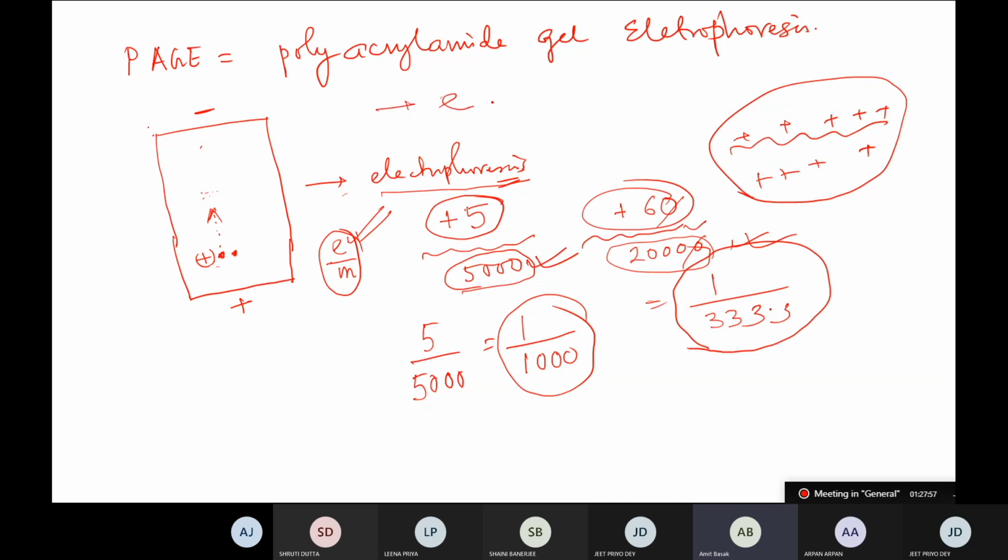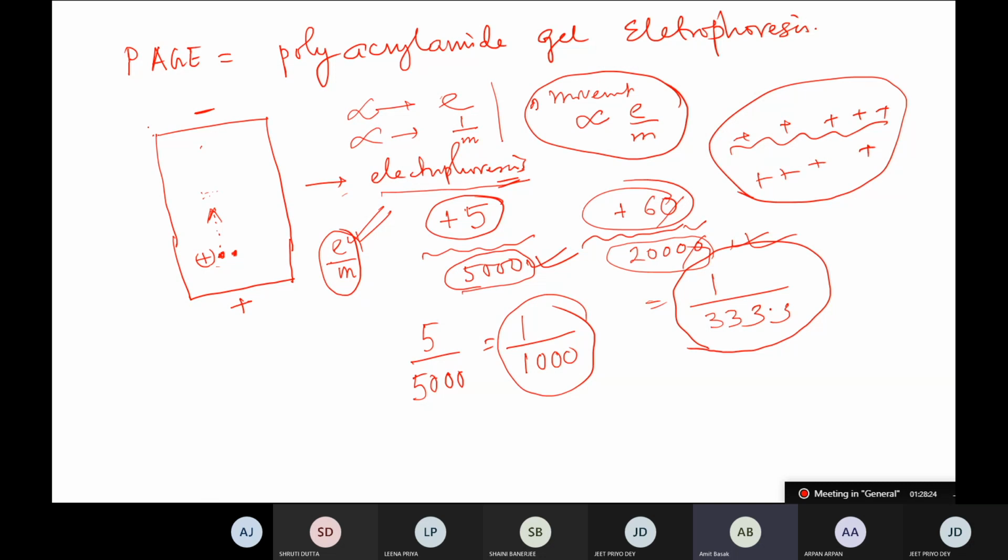As the charge increases, the movement will be higher, so directly proportional. And the movement is inversely proportional to molecular weight. So the theory of joint variation tells us that the movement will be proportional to E by m. So E by m will ultimately decide how that will move.